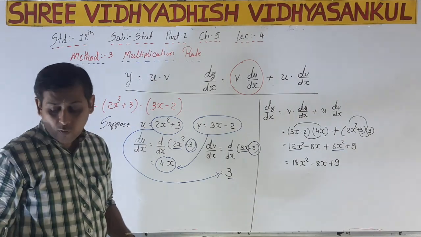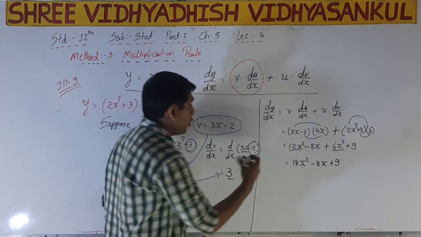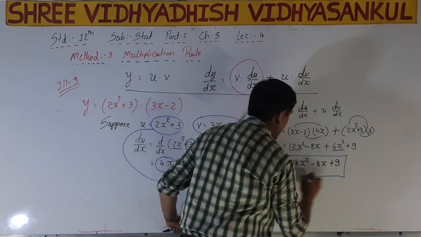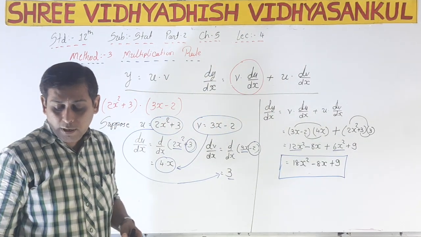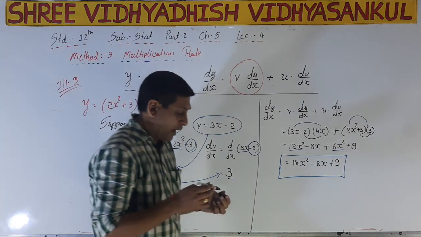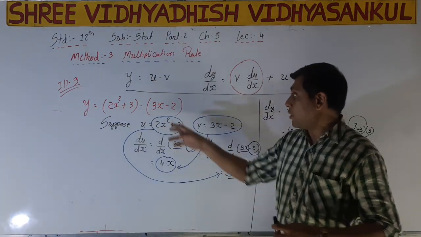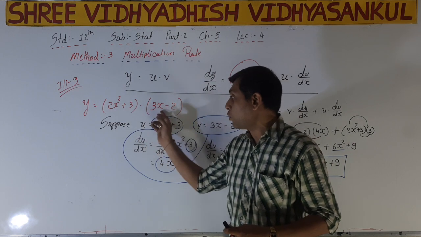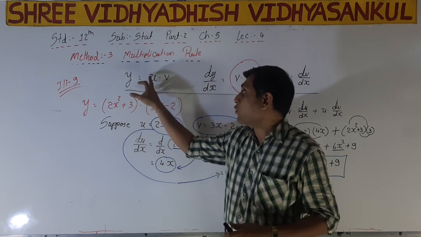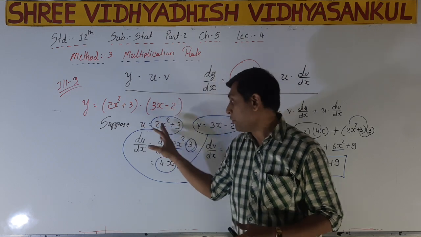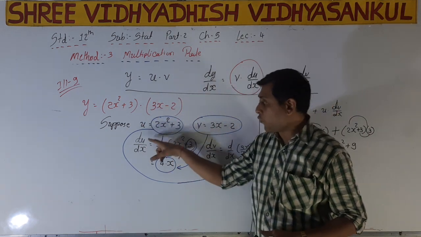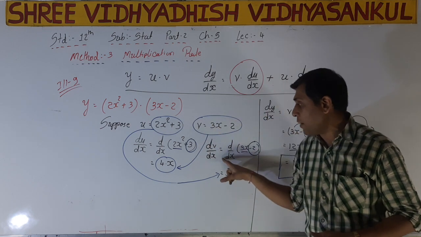See here, what is the multiplication rule, and by which method do we find the differentiation of the multiplication of two brackets? Two brackets are given in the question. One we suppose as u and the second we suppose as v. Now we first find du by dx and dv by dx.